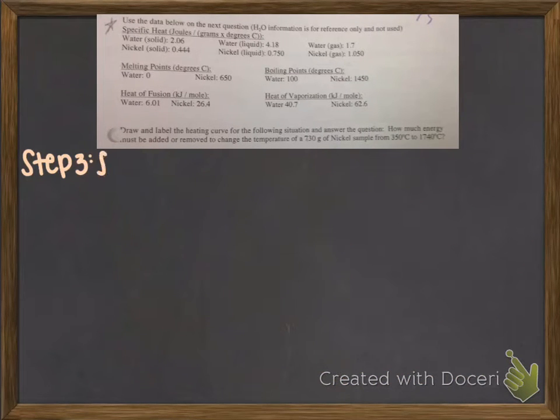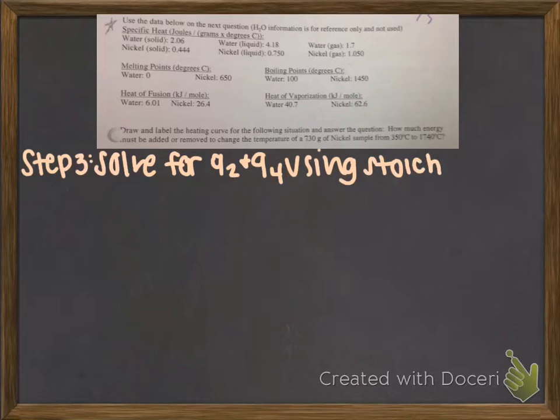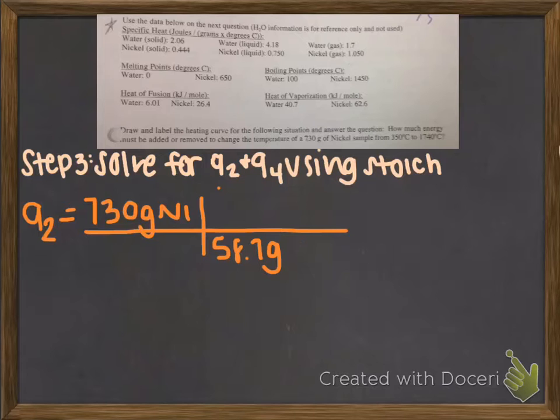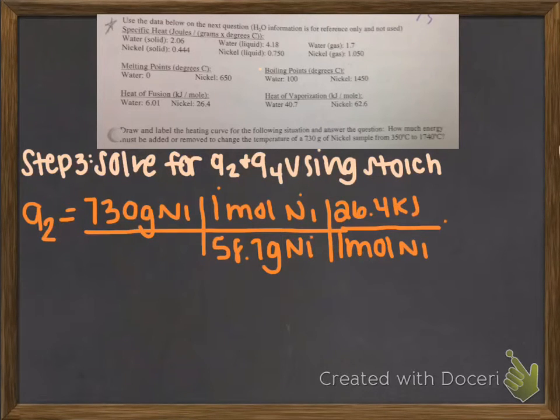So we're going to go on to step 3 of this problem. That is solving for Q2 and Q4 using stoichiometry. This is basically the same concept as the last one. We're starting with what we were given in the problem, and we are converting it to kilojoules.